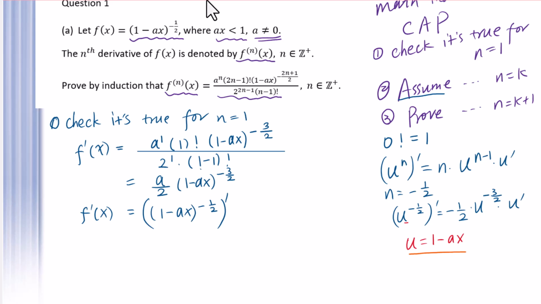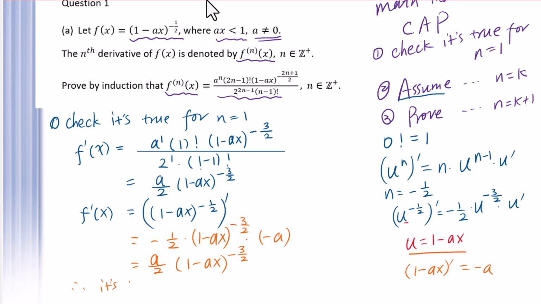Let's substitute u with 1 minus ax. We got negative 1/2 times (1 minus ax) to the power of negative 3/2 times u prime, meaning (1 minus ax) prime equals negative a. Simplify. a/2 times (1 minus ax) to the power of negative 3/2. So it's true for n equals 1.